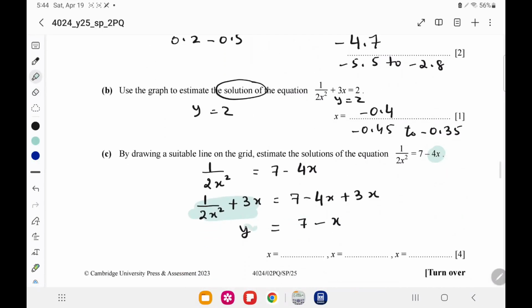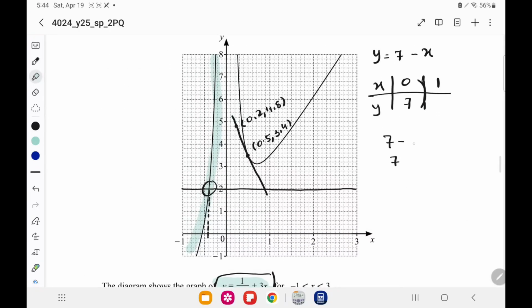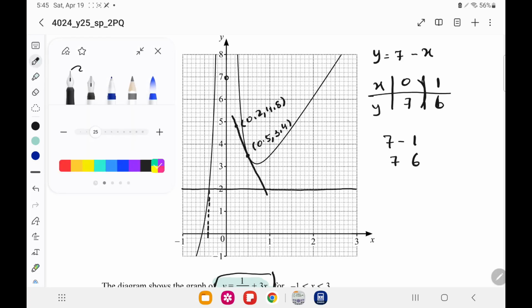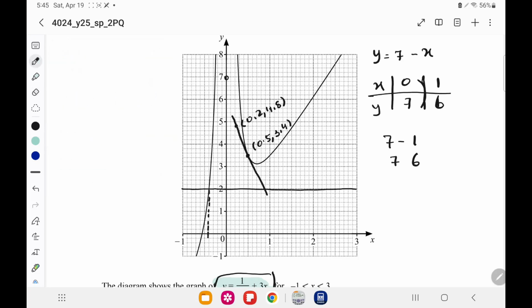You can check, it's 7 minus x. So 7 minus 1 equals 6. So 0, 7, and the other point is 1 comma 6. So you can see the pattern. The point will be this one. See the pattern, you will extend the line in the same way.